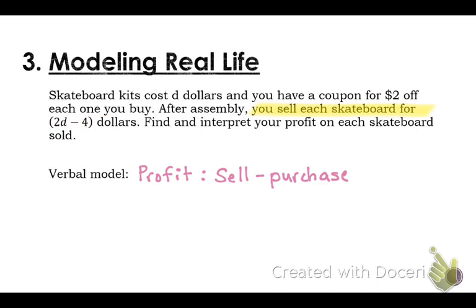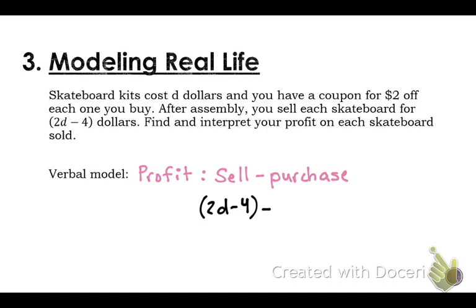So instead of writing the word sell, we're going to go ahead and plug in 2D minus 4, because that's what it tells us in the original problem that we have sold it for. Now we're going to bring down our minus sign. How much does it say that we purchased a kit for?